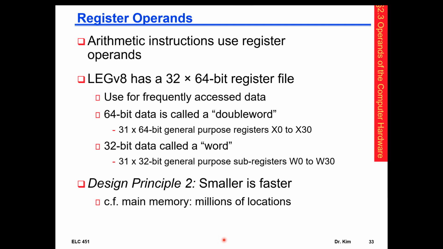In chapter 5, we're going to see that we're talking about the cache, which is made of a specific memory technology called SRAM, which is much faster than DRAM, but because it's larger than a register file, although the technology is very similar, it's going to be slower. So design principle number 2, smaller is faster. Why is that?